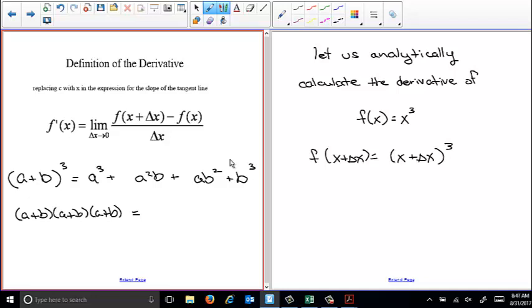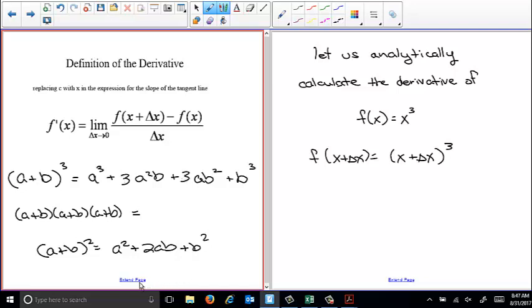I'm trying to lead you here. When you have a plus b quantity squared, the answer is a squared plus 2ab plus b squared. The exponent is 2, and this coefficient is 2. The exponent is 3, so the coefficient is 3.